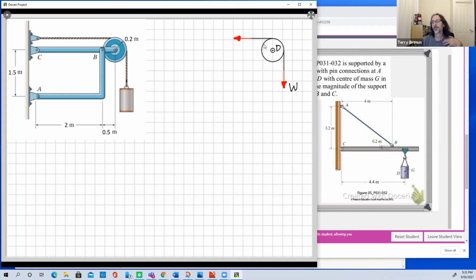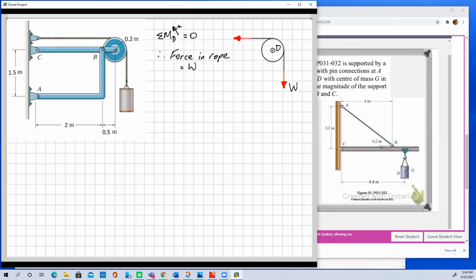Therefore, for the sum of the moments about D to be 0, this force up here must also be equal to W. Minus W? Sorry? Not necessarily.